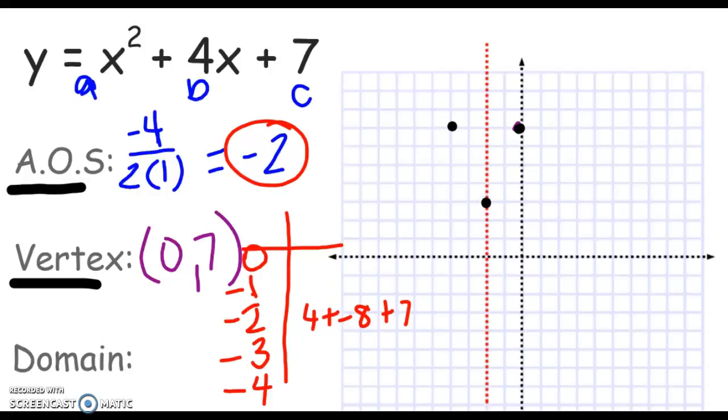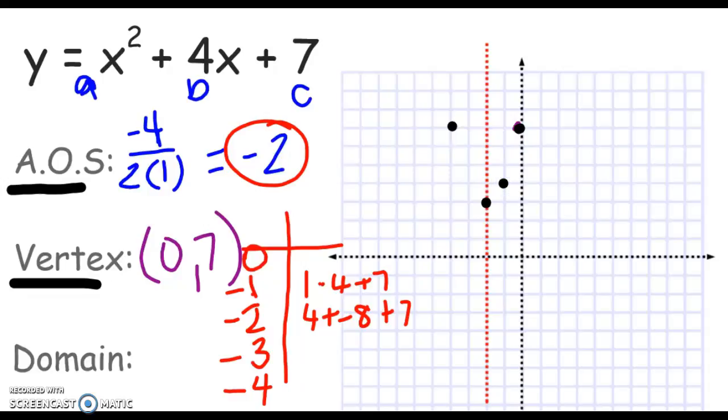Then I'm going to do the above and below. So I'll go ahead and go to negative 1. And negative 1 squared is 1, plus 4 times negative 1 is going to be a negative 4, plus 7. So 1 minus 4 is a negative 3, plus 7 is going to be 4. So I have a negative 1, up 4.